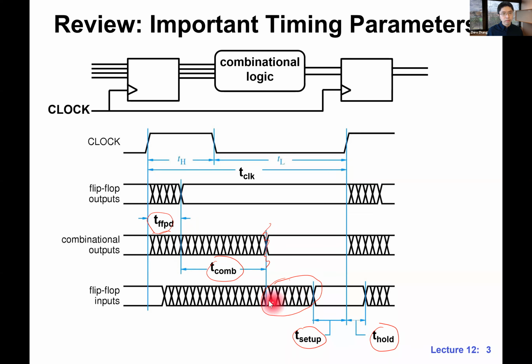This really means that the combinational output can be stable over here or over here, as long as it's stable right before the decision window, right before this deadline, we are fine. Which means that in this case, we can add additional delay to the combinational logic, as long as the added delay does not exceed this part. This is totally fine. Hopefully this makes sense.